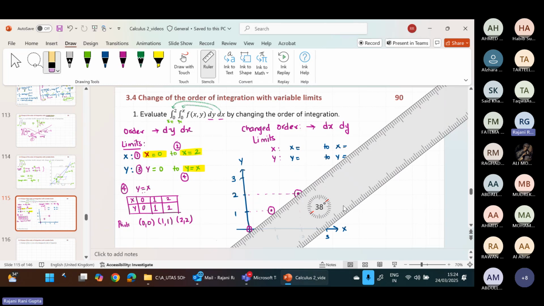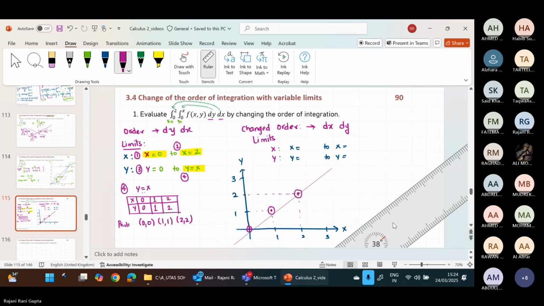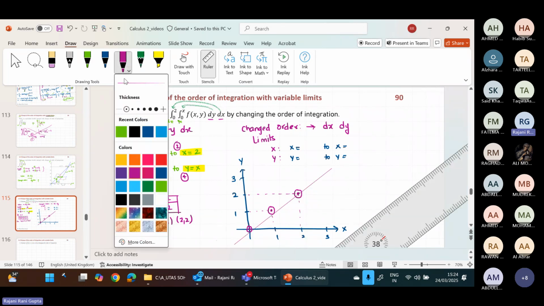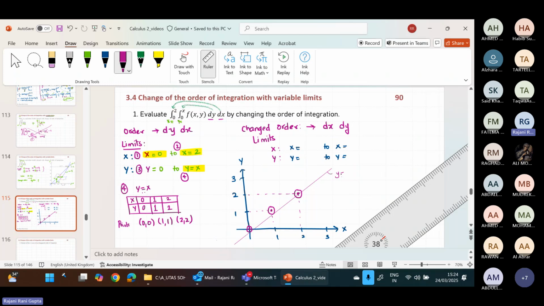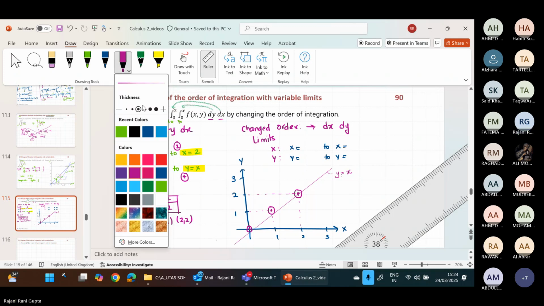So this is how you will be drawing the line. Let's see if it works. Okay, so this is the line. Yeah, it worked. This is the line y equal to x. It's supposed to be here.